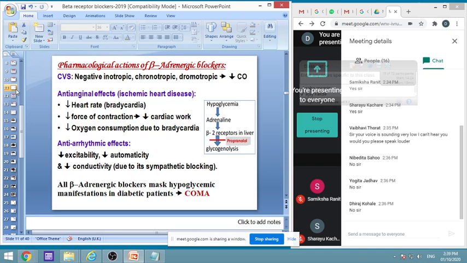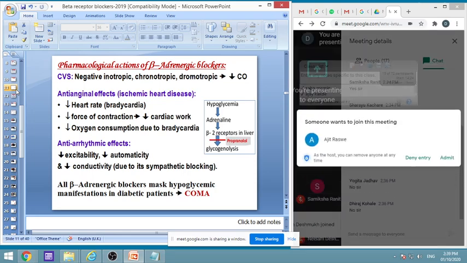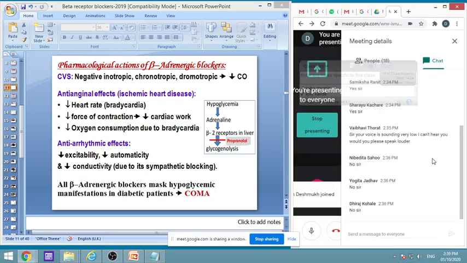If we understand the effects of beta agonists, then it becomes easy to understand the effects of beta blockers. On the CVS they will cause negative inotropic, negative chronotropic and negative dromotropic effects. Because of that, there is a decrease in cardiac output. If cardiac output is less, that means less blood is present in the blood vessels. Less blood means less blood pressure. So this is one of the mechanisms.